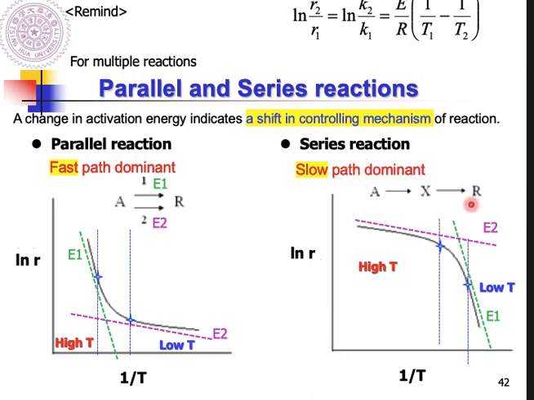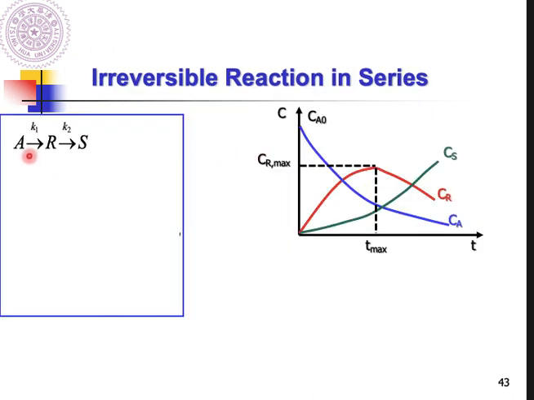Series reaction means your reactants will generate an intermediate substance and finally generate your products. So how do we decouple or reconstruct the rate constants K1 and K2 from your experimental data? I will formulate this: A generates R with rate constant K1, and R generates product S with rate constant K2. In the experiments, you need to monitor the concentration change as a function of time.